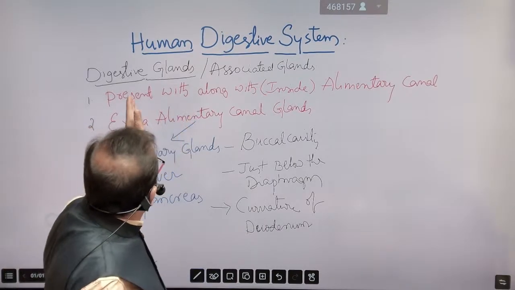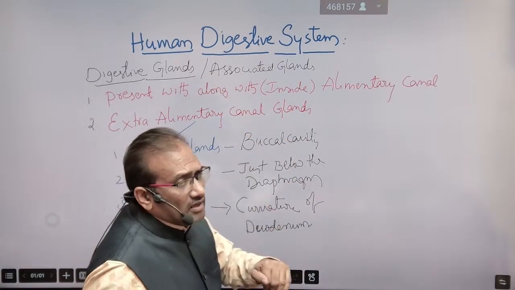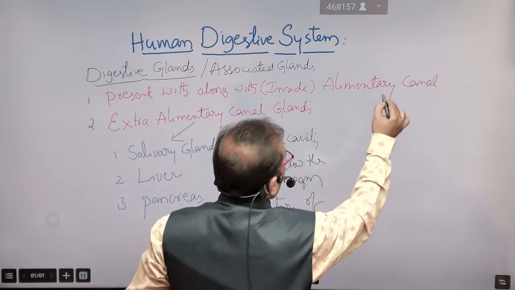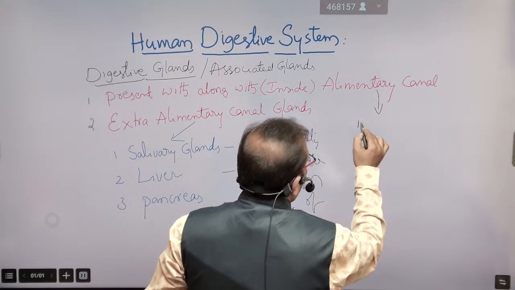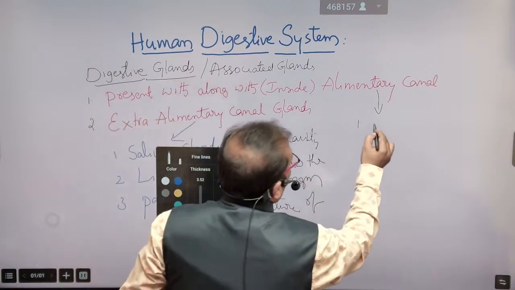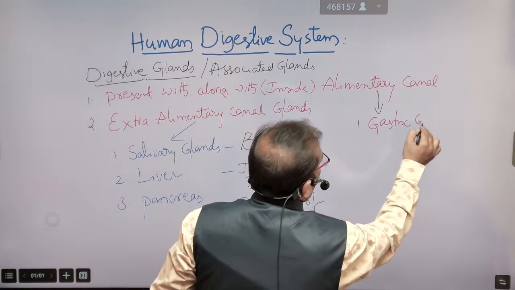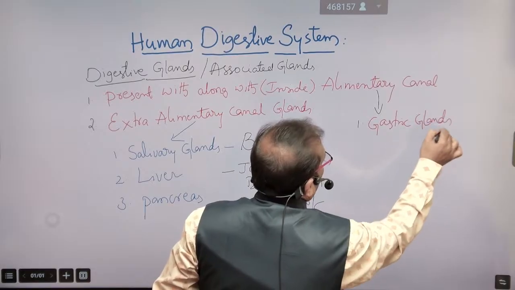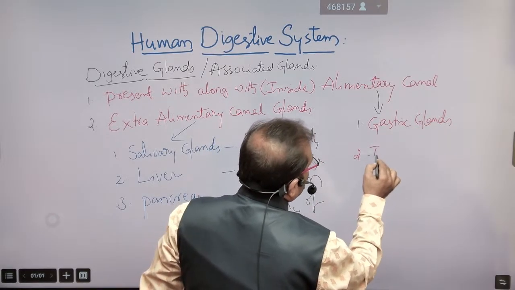And coming to those present within, or along with, the alimentary canal, inside the alimentary canal, these glands are, number 1, gastric glands, number 2, intestinal glands.